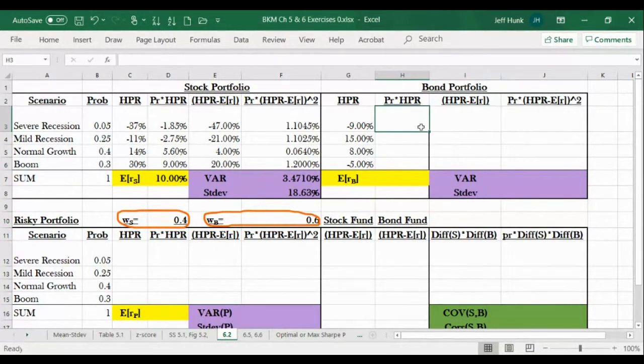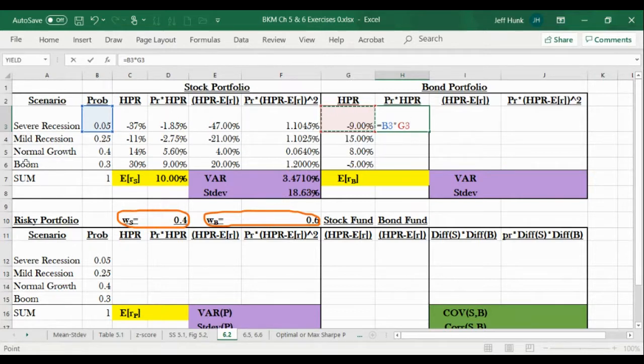We do the same thing for the bond portfolio to find its expected return, variance and standard deviation. Remember, we're constructing a risky portfolio with 40% weight in stock and 60% weight in bond. So here, to find the expected return on the bond, we do the same thing: probability times the bond return under this scenario.